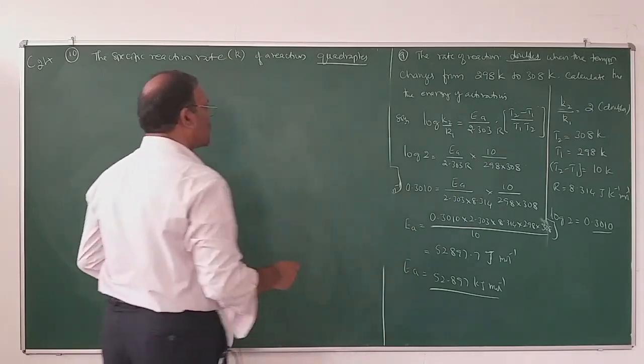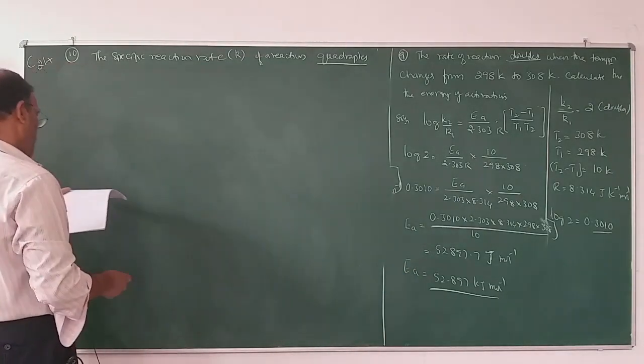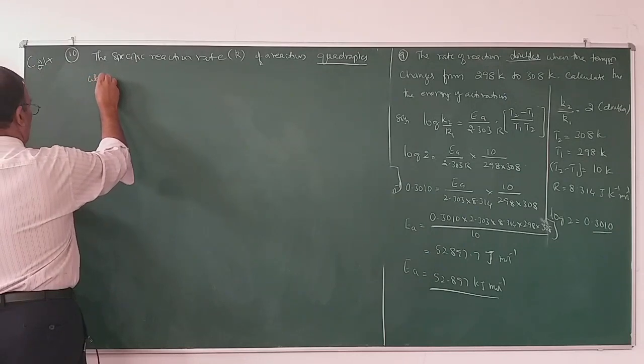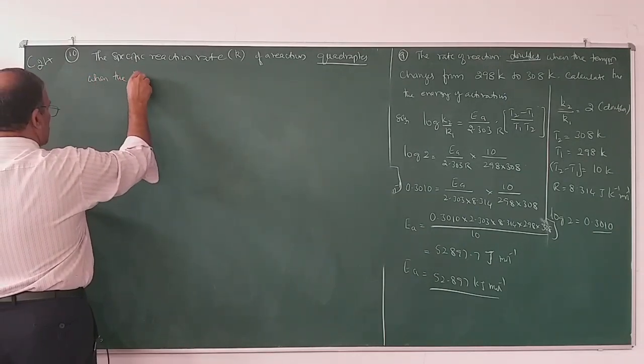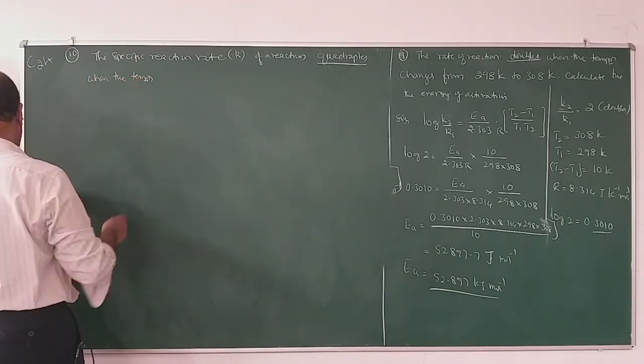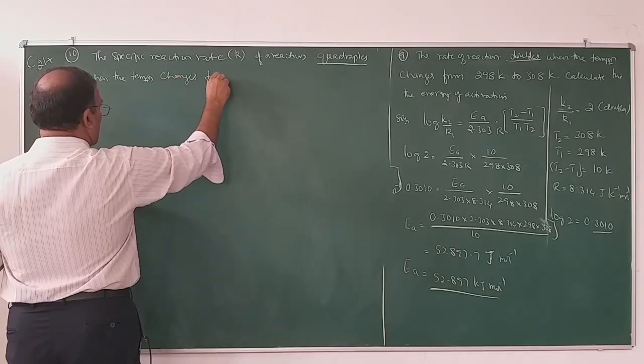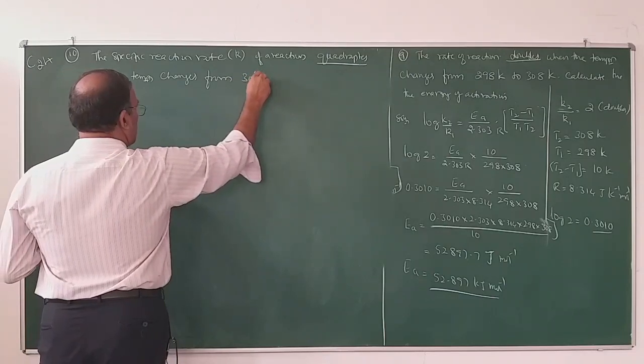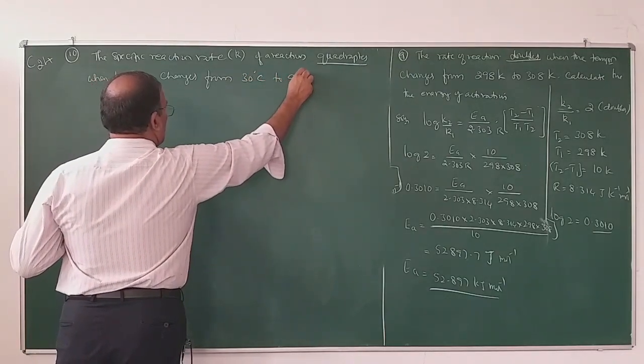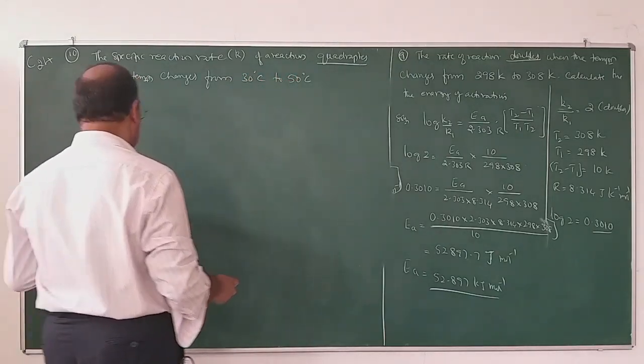Quadruples means it increases by 4 times when the temperature changes from 30 degrees centigrade to 50 degrees centigrade.